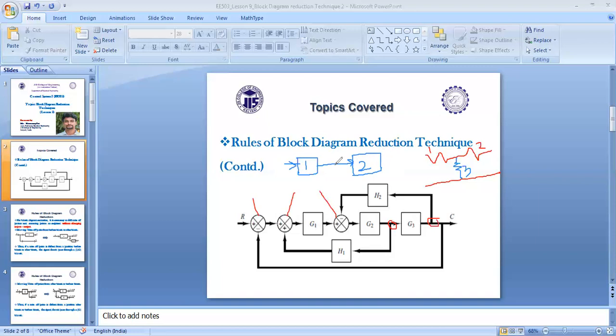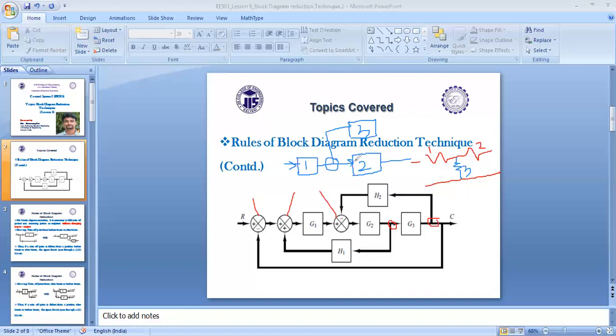But if another block is taken in between from the middle portion of blocks 1 and 2, then these two blocks will not be in series combination anymore. This point is known as takeoff point.